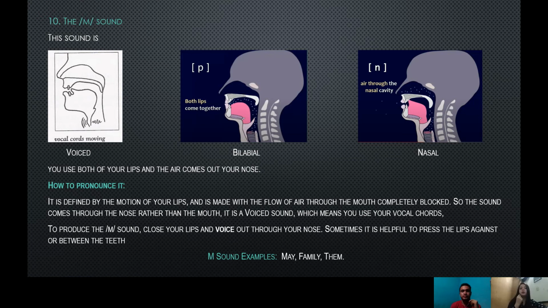So the sound comes through the nose rather than the mouth, and it is a voiced sound, which means you use your vocal cords. To produce the sound, close your lips and voice out through your nose. Sometimes it is helpful to press the lips against or between teeth. So it will be like this. Mm, mm. Some examples are lick, family, them.